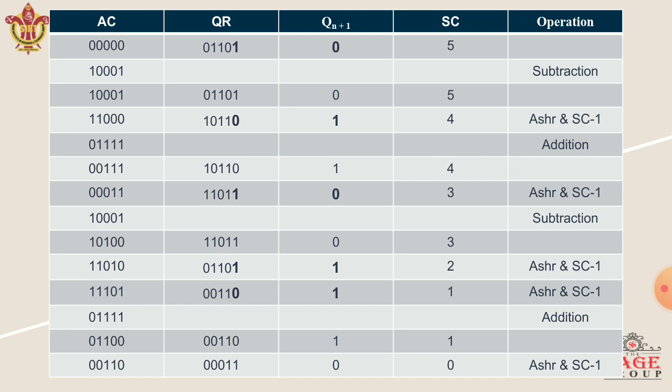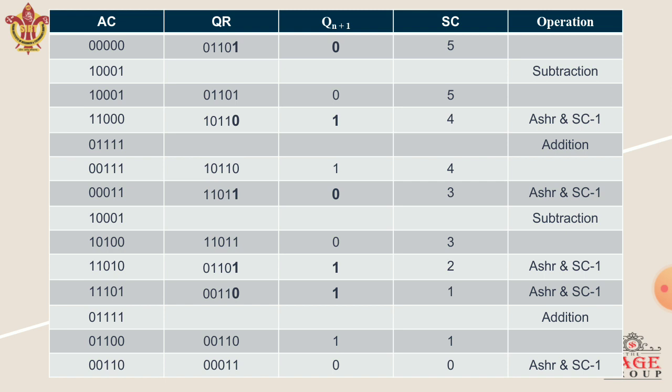After shifting the values of AC, QR and Qn plus 1, the value of Qn plus 1 is 1, QR is 10110, AC is 11000, and the value of the sequence counter is 4.